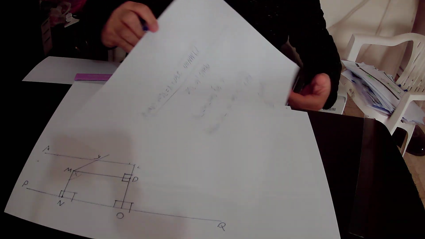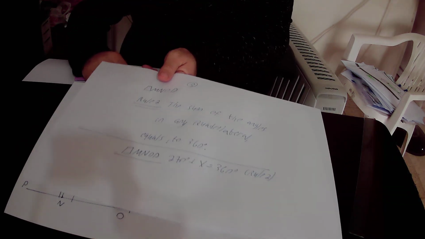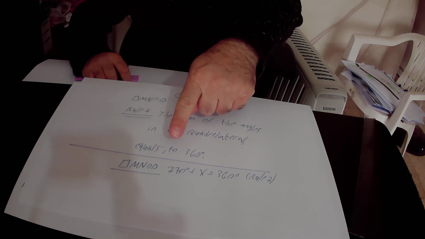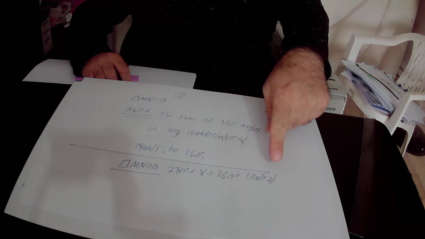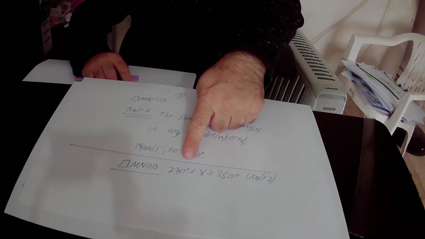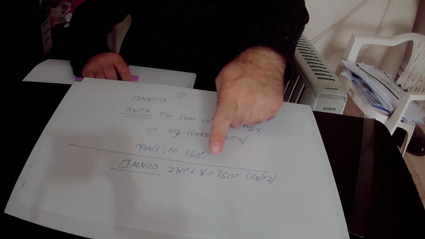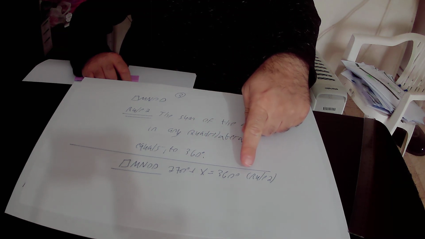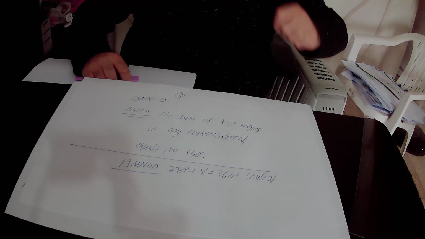I will repeat again. The sum of the angles in quadrilateral MNOD equals 360 degrees according to rule number 2. Therefore, the sum of 3 right angles is 270 degrees plus the size of the fourth angle must be equal to 360 degrees.